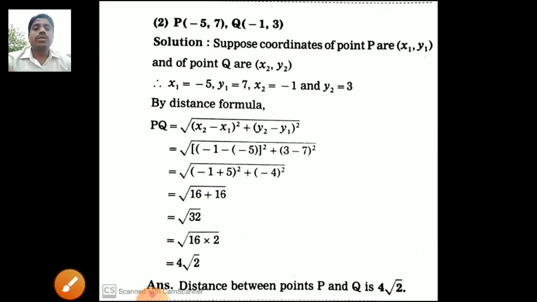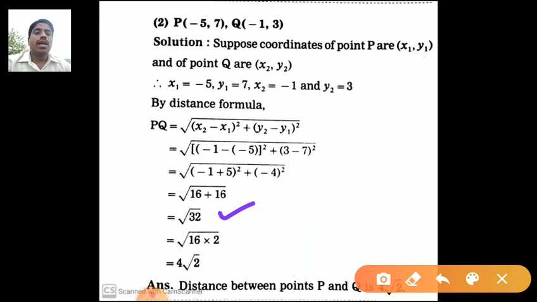And adding these two numbers, 16 plus 16 is equal to 32, and we cannot find the square root of 32 exactly. Then the answer is only root 32, or we can split 32 into a product: 16 into 2, and we know the root of 16 is 4, and the square root of 2 cannot be found.